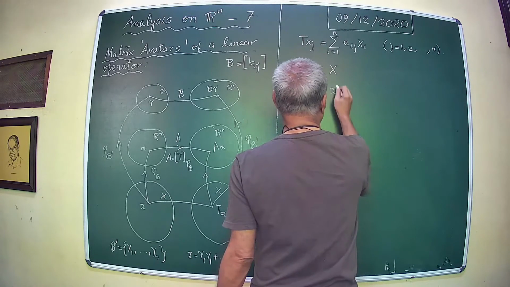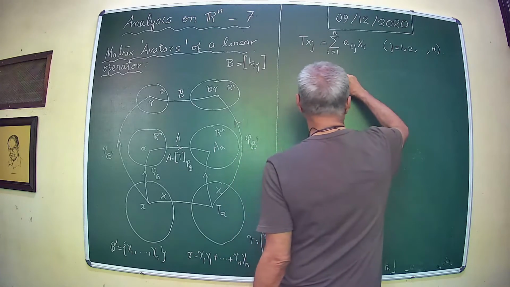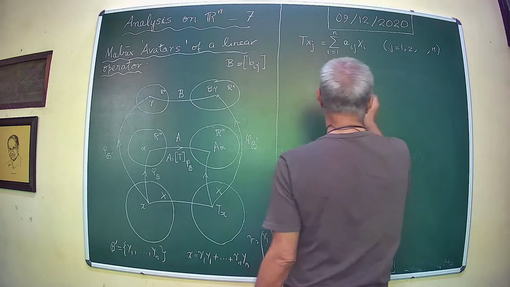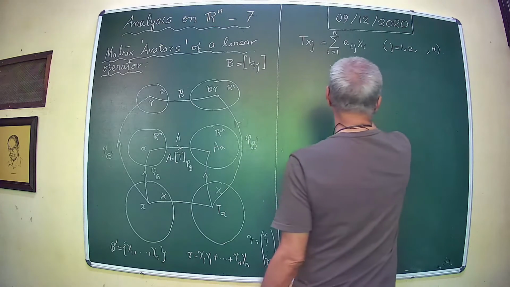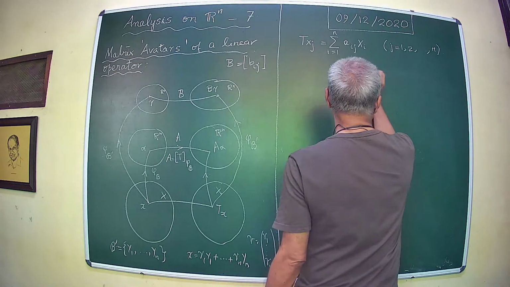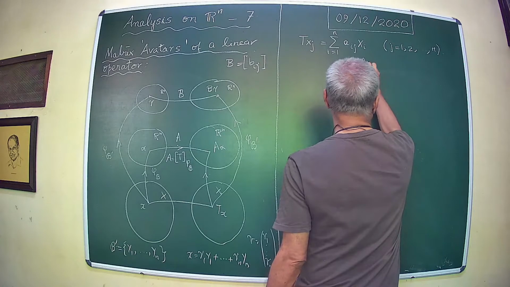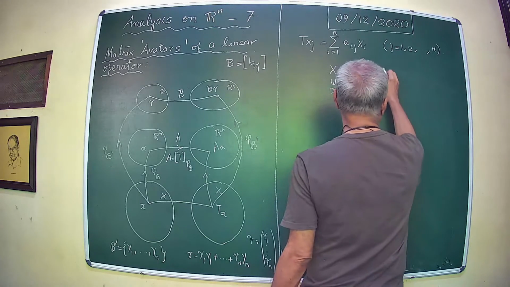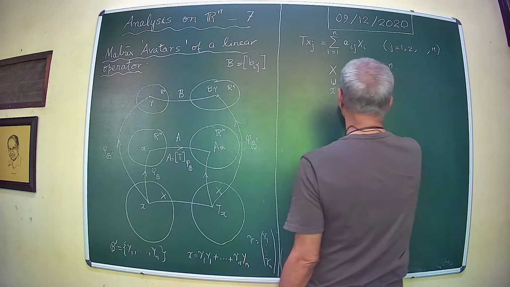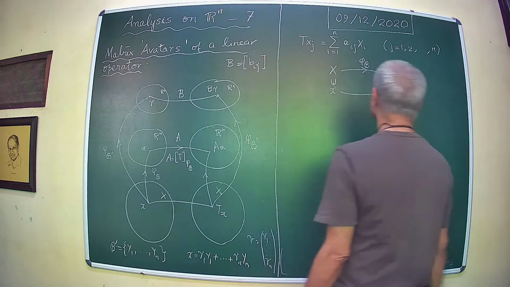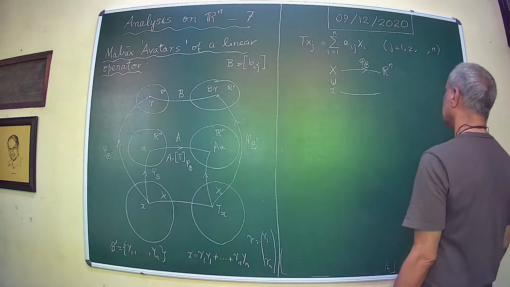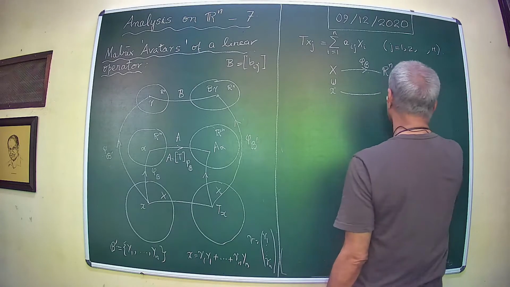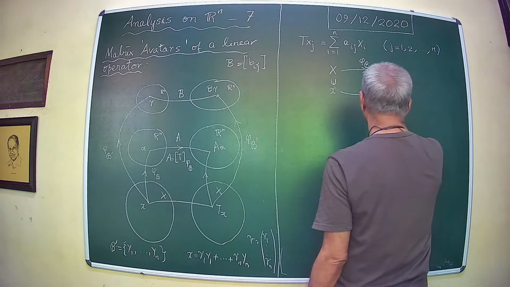So what I have is, I write x. Then you have phi b. I get a copy of Rn. So I get x represented by alpha.